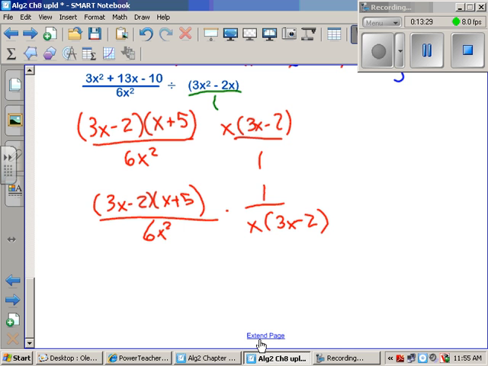Can I cancel anything out? Yeah, the 3x minus 2's. Can I factor anything else out? No. So my final answer is going to be x plus 5 over 6x cubed, right? Because we've got an x here and an x squared there. All right? Questions?